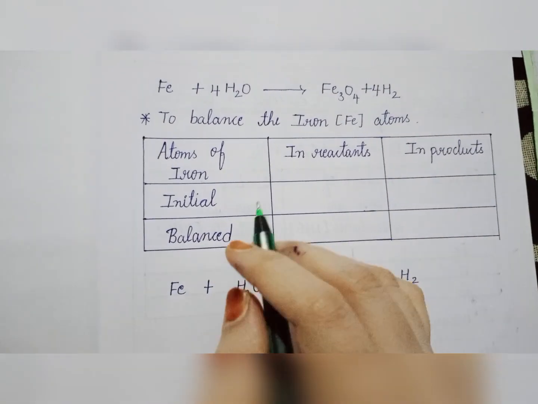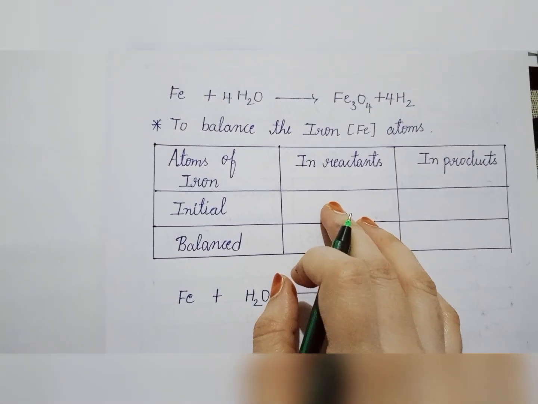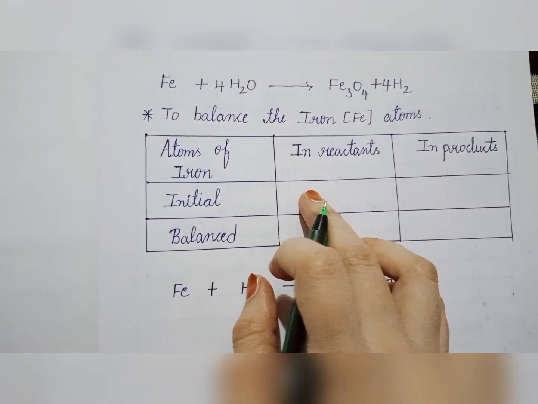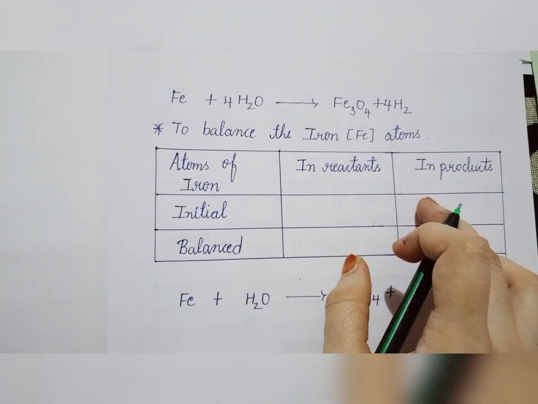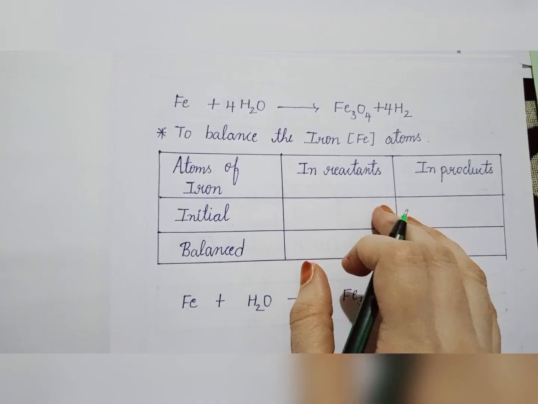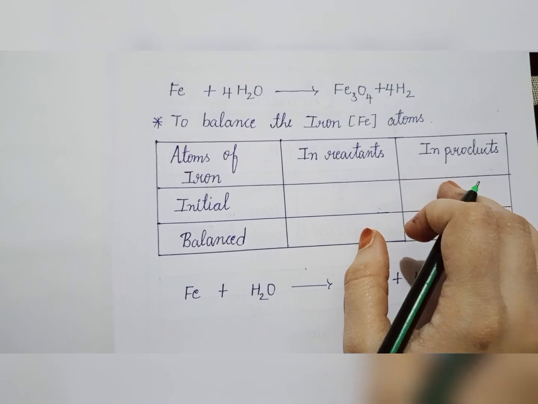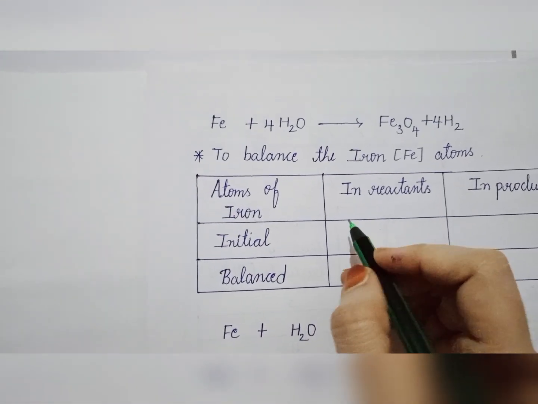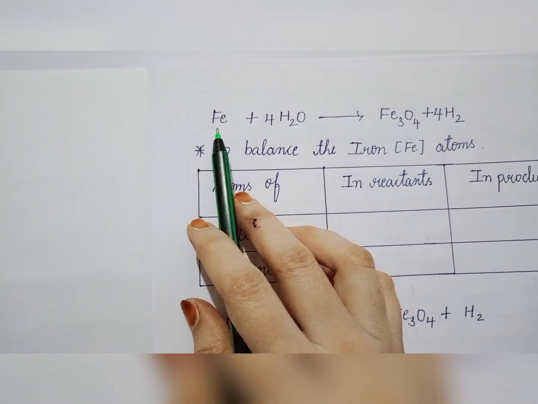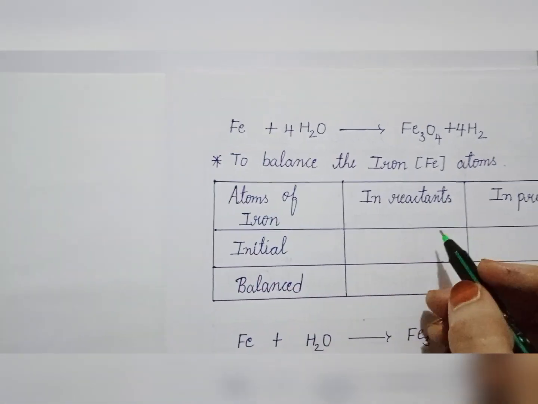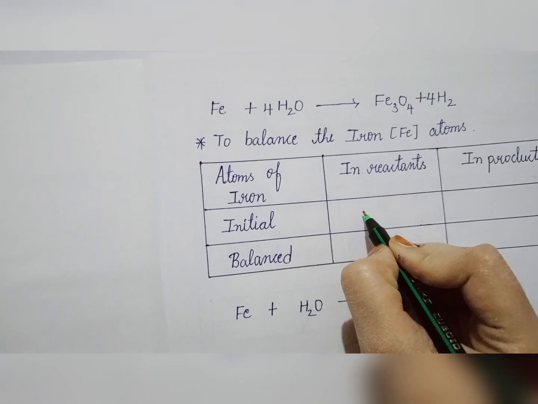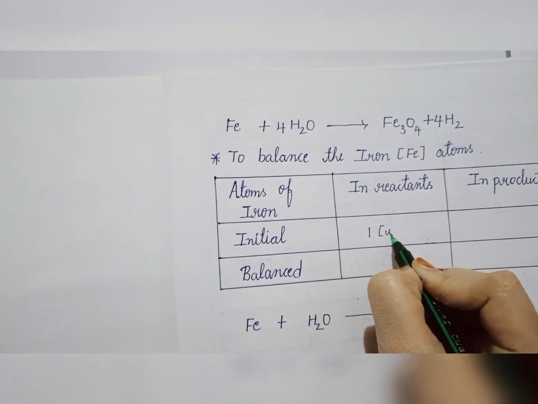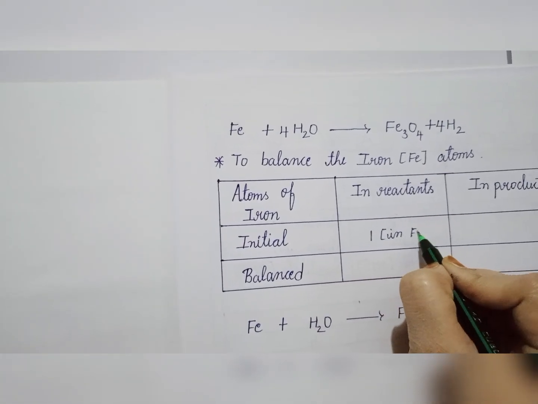For that we have to write down the iron atoms present in the reactants initially and the number of iron atoms in the products. Initially in the reactant side, how many iron atoms are there? Only one iron atom, so I am writing 1 in Fe.